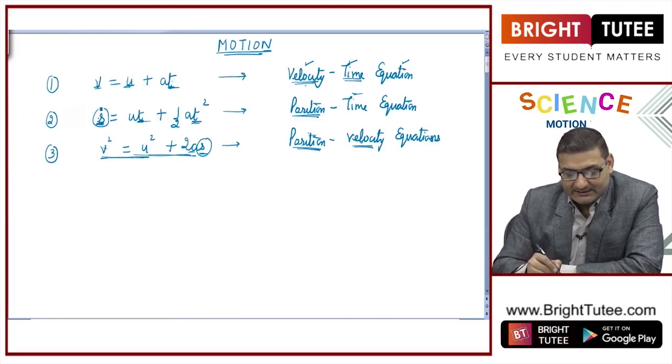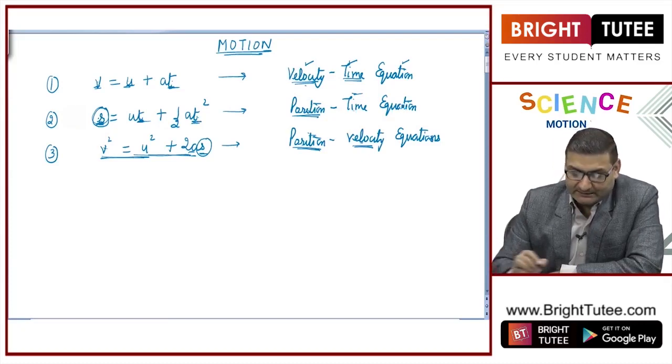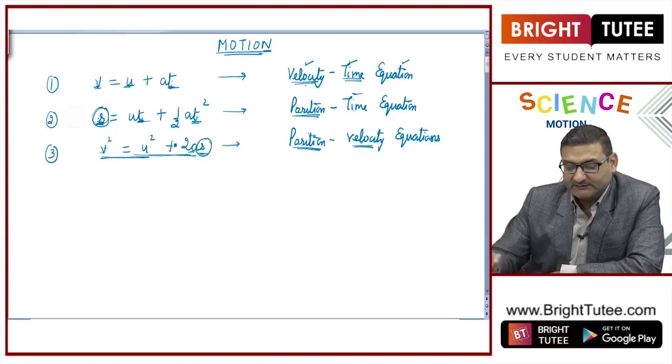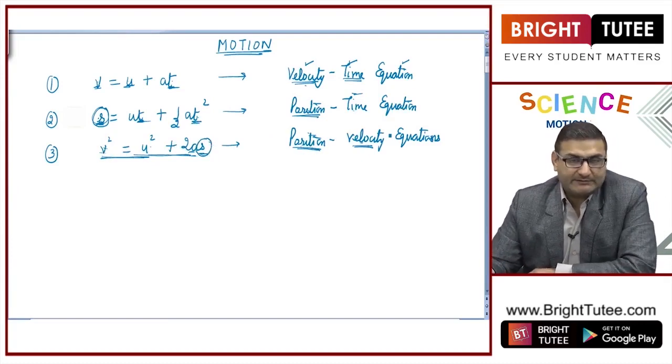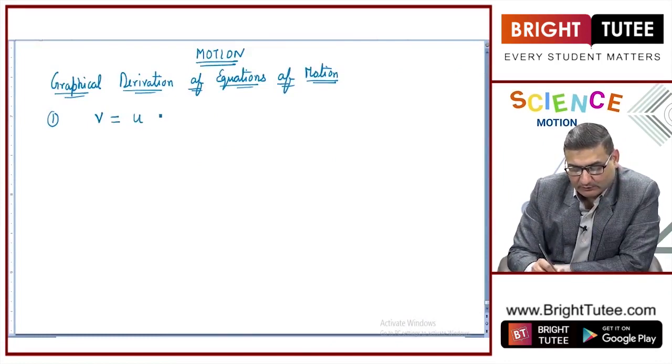In the second equation of motion, S means position, and primarily T is given, so it is the position time equation. In the third, S is given, that is position, and velocities are given, so it is the position velocity equation. Got it? Very important. The first equation of motion states that v is equal to u plus at.